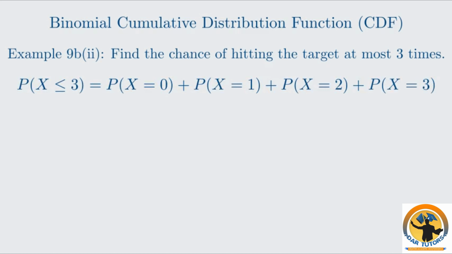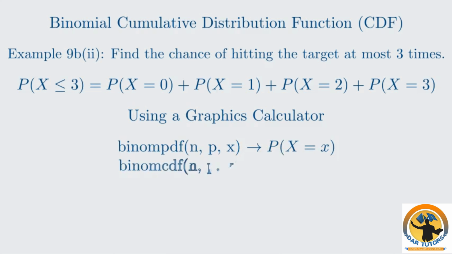While we could use the PMF formula for each of these 4 values and add them up, this is a tedious calculation. This is where calculators become extremely useful. Modern graphics calculators have built-in functions for both the PMF, point probability, and the CDF, cumulative probability. You'll typically find them in the probability distribution menu under names like binomPDF and binomCDF.